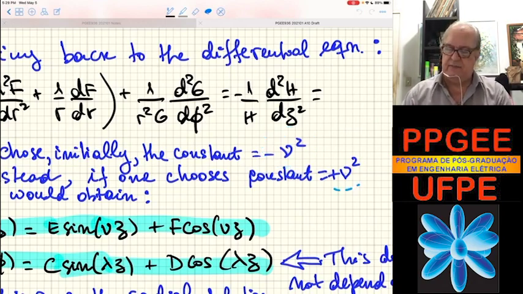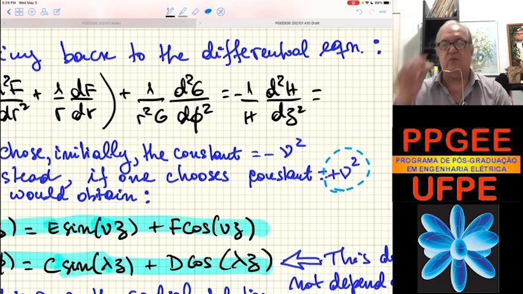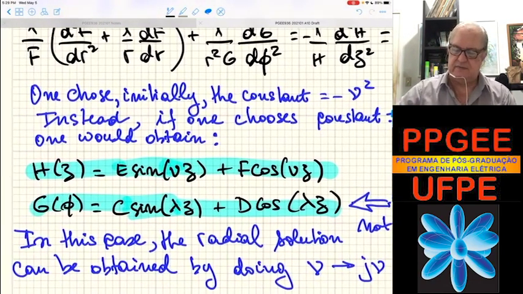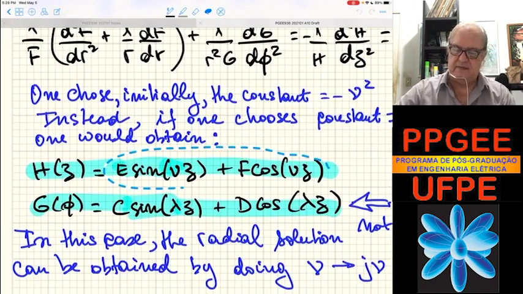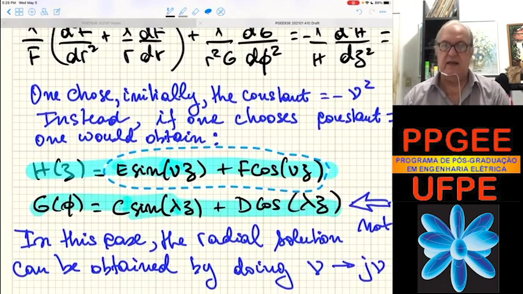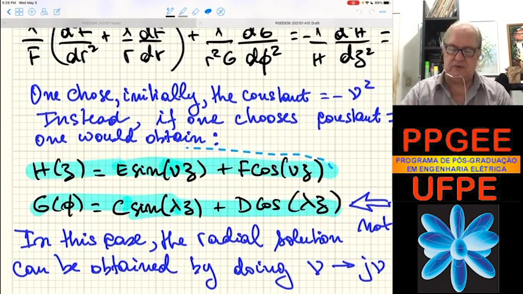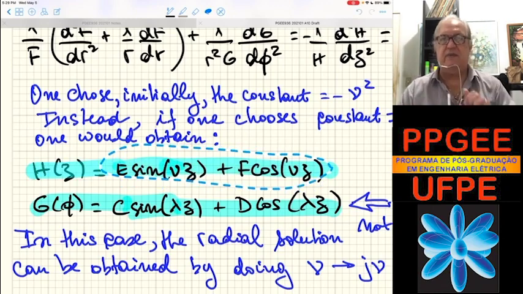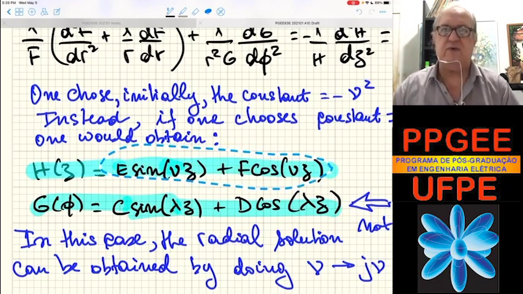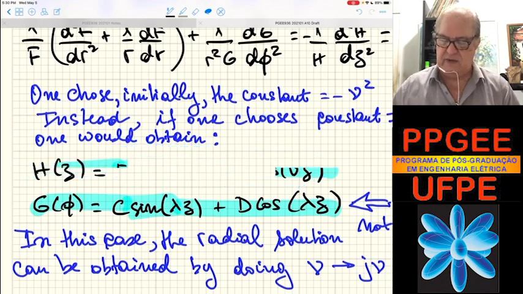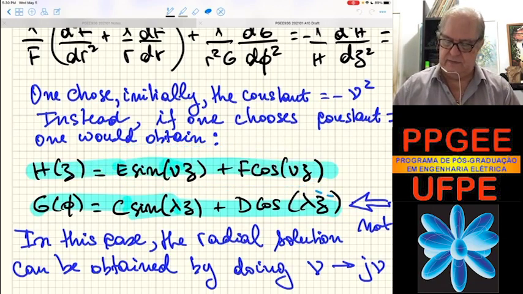If we had chosen plus nu squared, we would have a periodic solution in z now. That is the second type of solution. Still, the solution in the azimuthal variation is periodic, but now we have a periodic solution in z. We will be able to identify when to use one type of solution or the other.